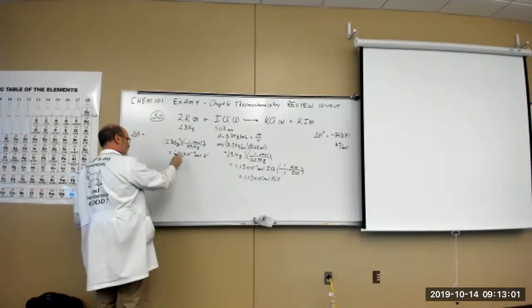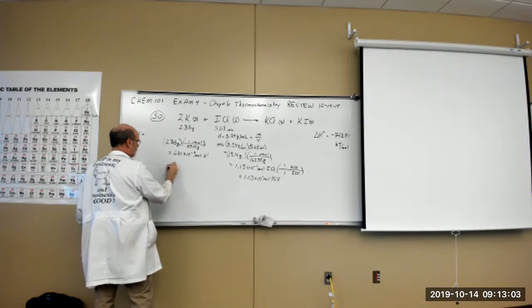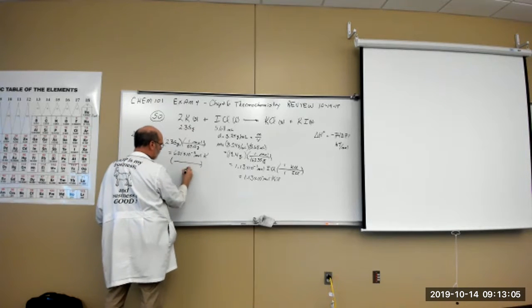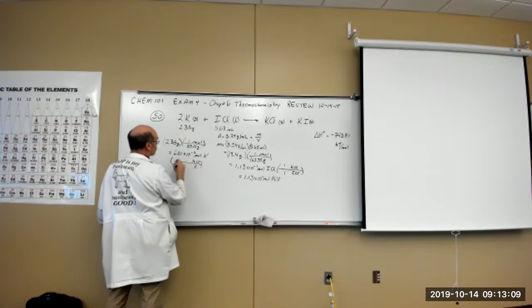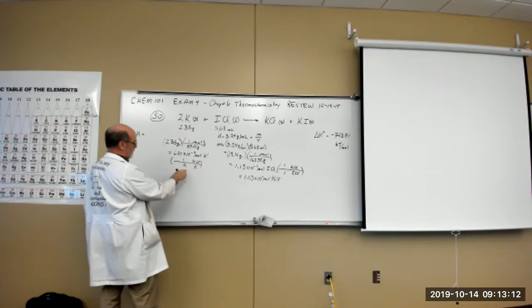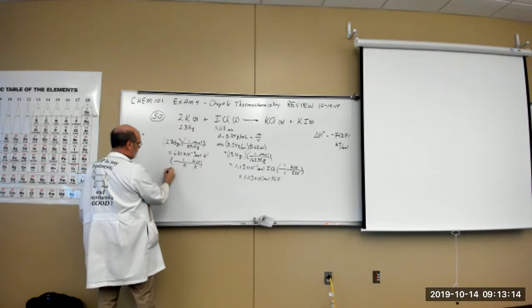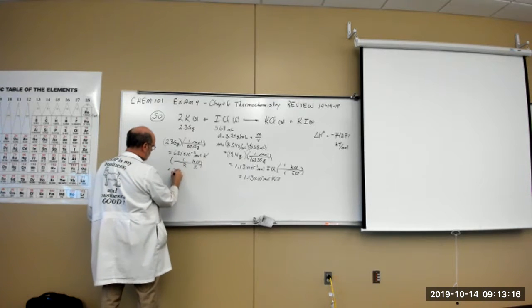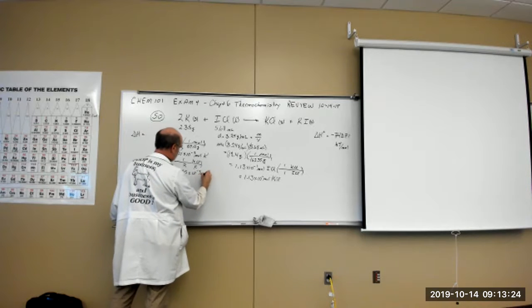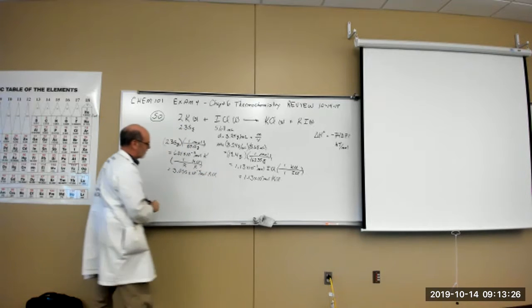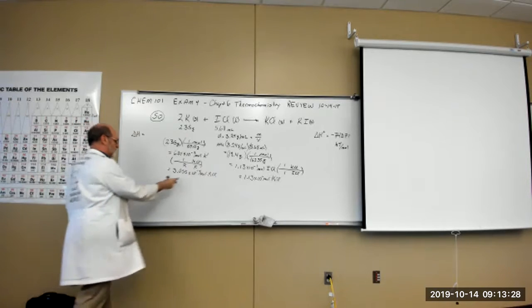How much KCl would be produced from this one? Well, we multiply it by K on the bottom, KCl on the top. What's the ratio? 2 to 1. So half of that, 3.055 times 10 to the minus 2 moles of KCl. So which one's the least? This one.